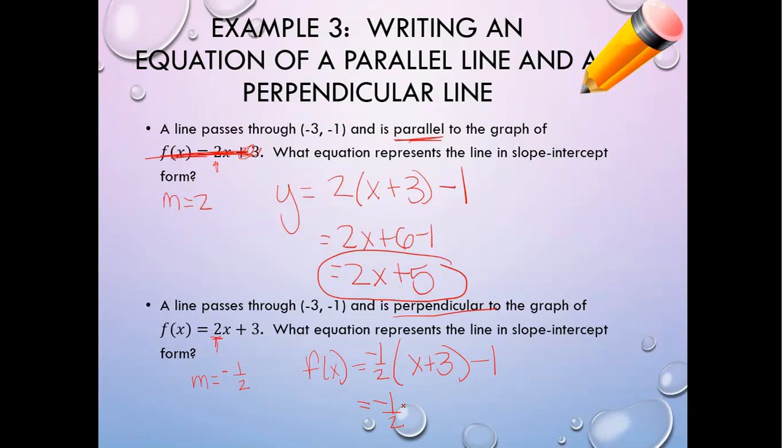So negative 1/2 x minus 3/2, right? 3 times negative half is negative 3/2, minus 1. Combine these two together, I'll get negative 1/2 x minus 5/2, because this is technically minus 2 over 2, so if I combine those, I get negative 5 over 2.